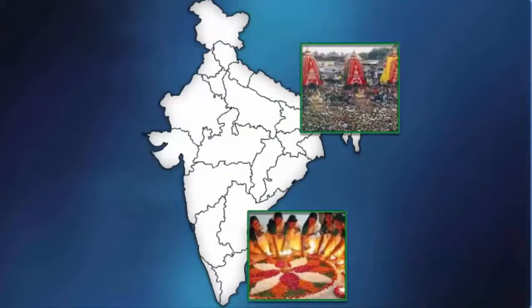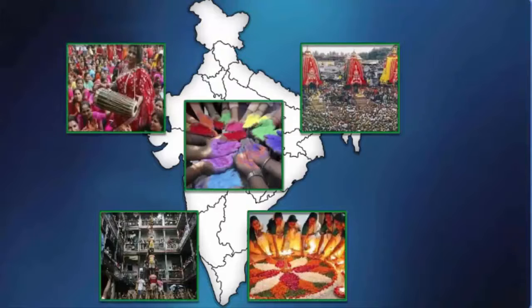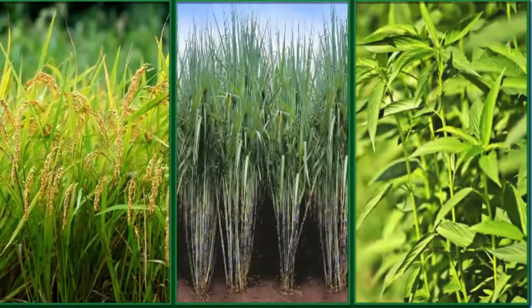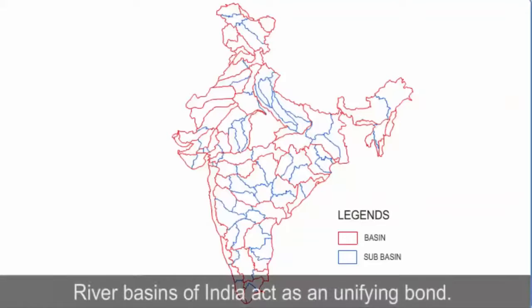Every year, the arrival of the monsoon is eagerly awaited by the people of India from the north to the south and from the east to the west. The monsoon winds bind the whole country by providing water to set agricultural activities in motion. The river valleys that carry this water are also a unifying force as a single river valley unit.